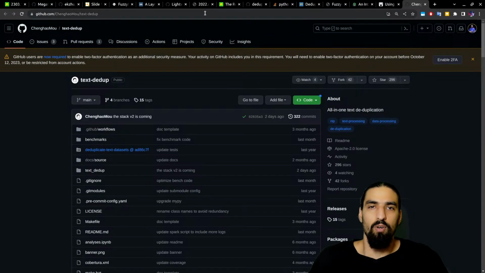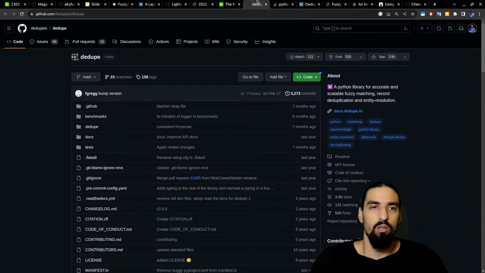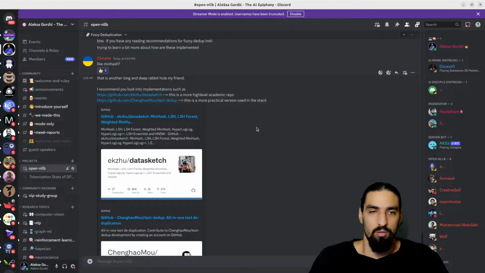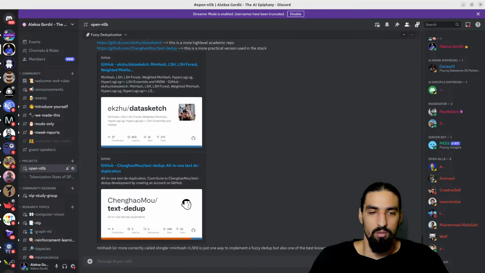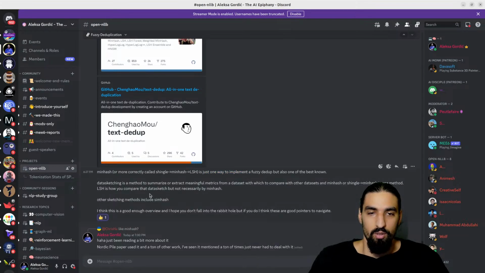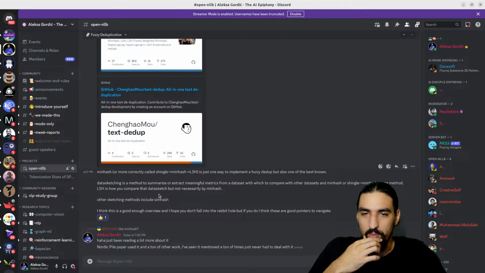I think we found this one already before. Shingle min hash LSH. Data sketching is a method to summarize or extract meaningful metrics from a dataset with which to compare with other datasets, and min hash or shingle min hash is one method.